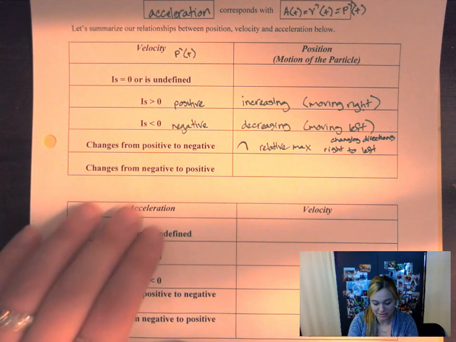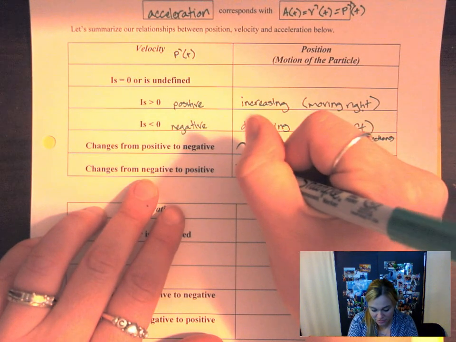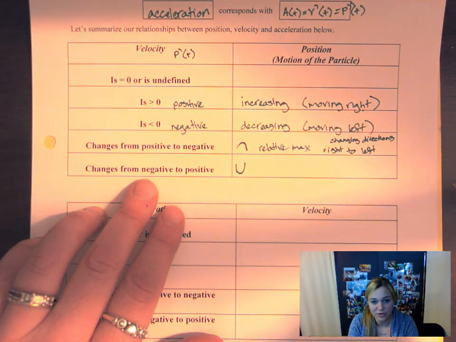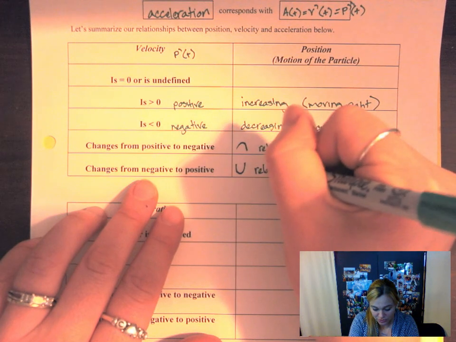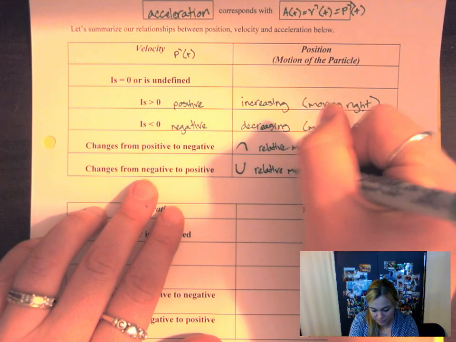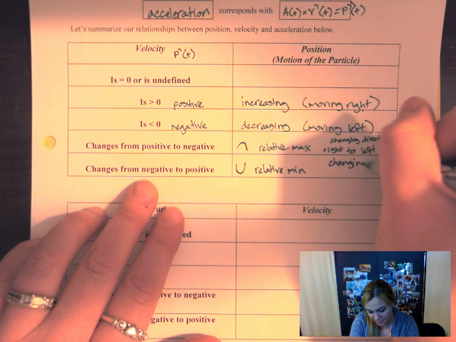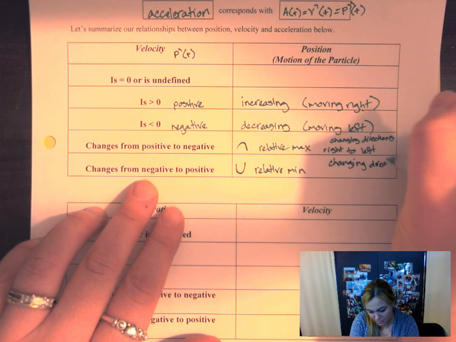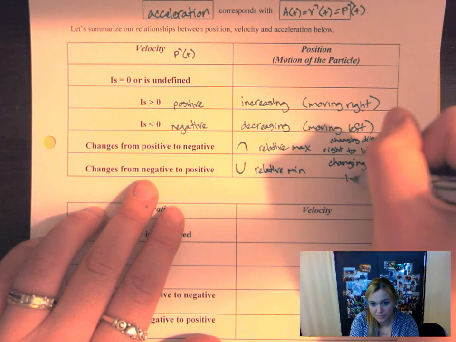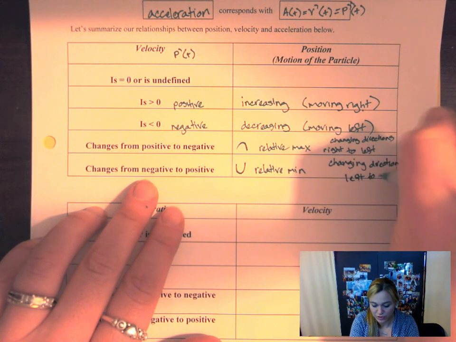But all those same things apply. What about negative to positive? Decreasing to increasing, which will show up as a relative min. And again, changing directions, left to right.